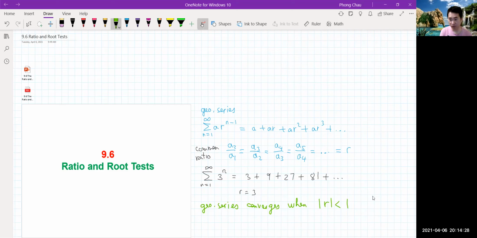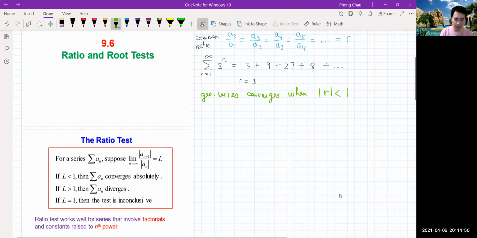And then it diverges otherwise. So now we have a similar test where the so-called common ratio is not a common ratio, but the ratio of two consecutive terms approaching a constant. And if the absolute value of that constant is smaller than 1, the series would converge.